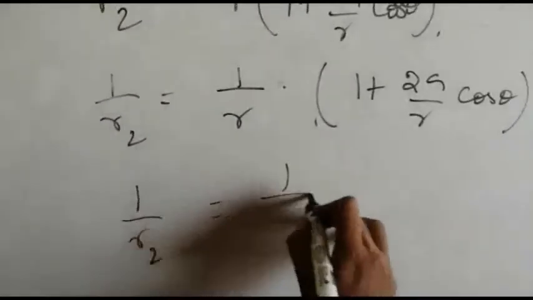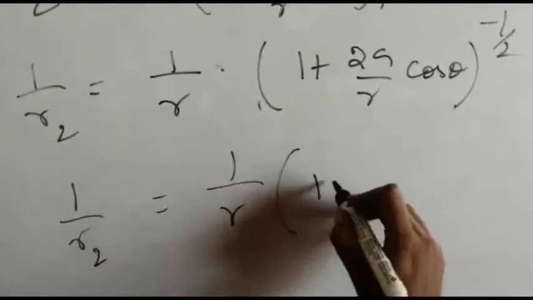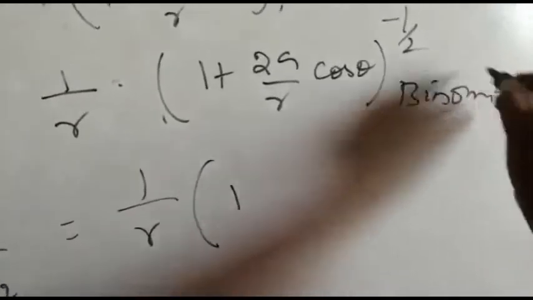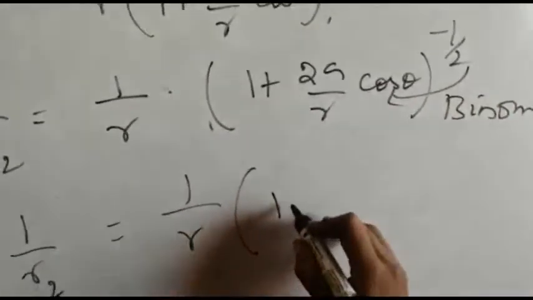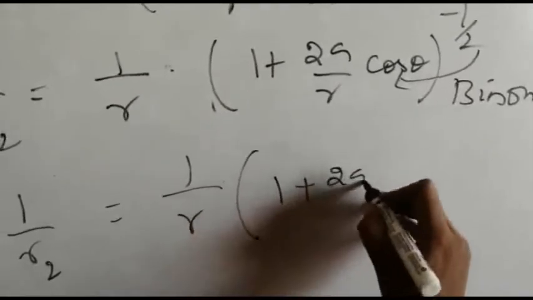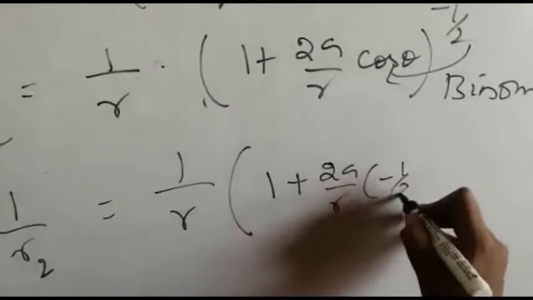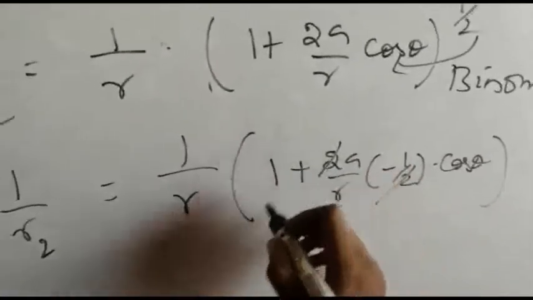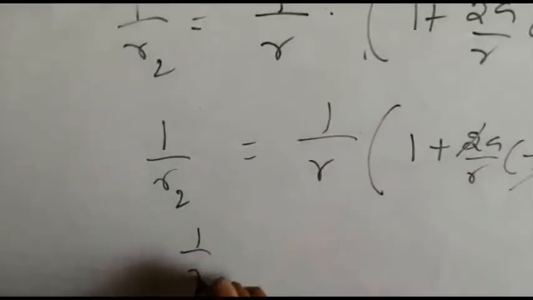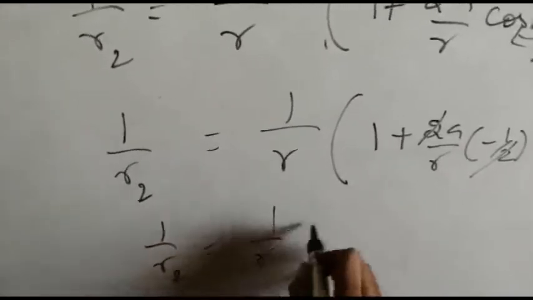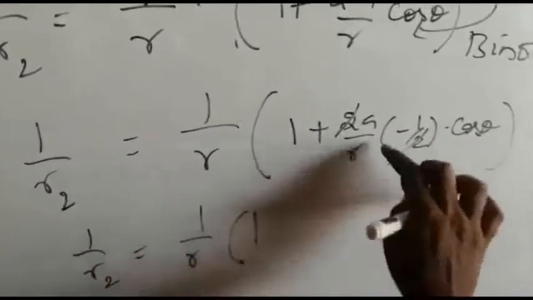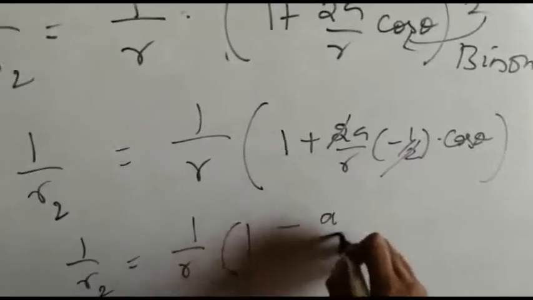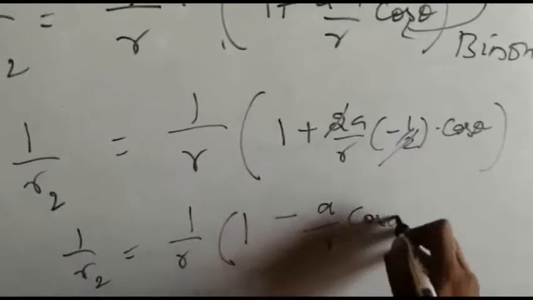So it is 1 by r2 is equal to 1 by r into, by binomial theorem, multiply this term here: 1 plus 2a by r into minus 1 by 2 into cos theta. This 2 and 2 will get cancelled off. So it is 1 by r2 is equal to 1 by r into 1 minus a by r cos theta.